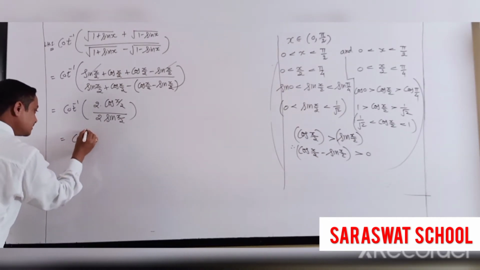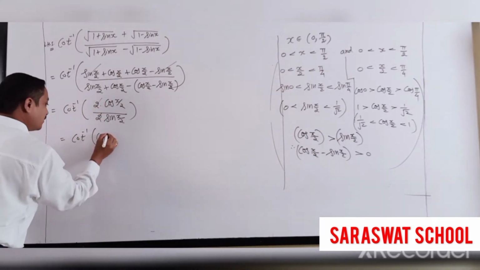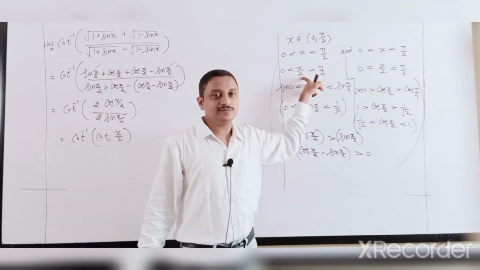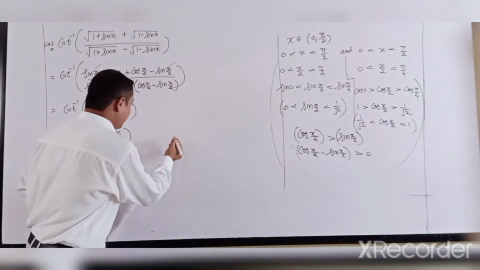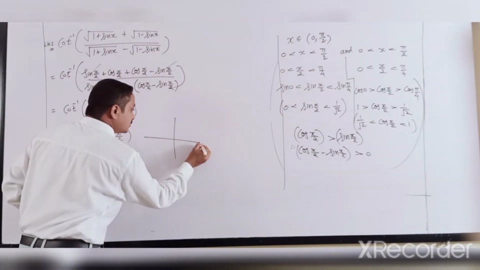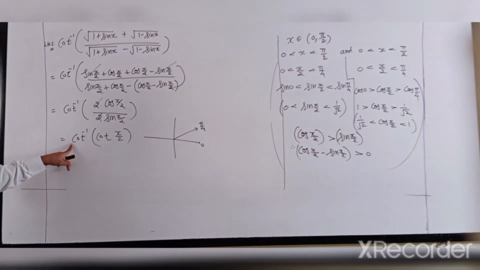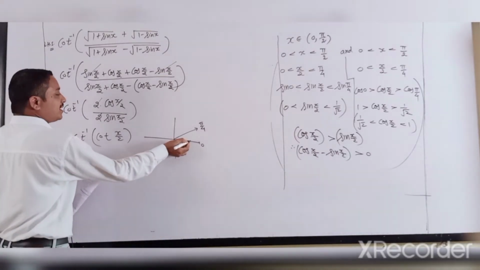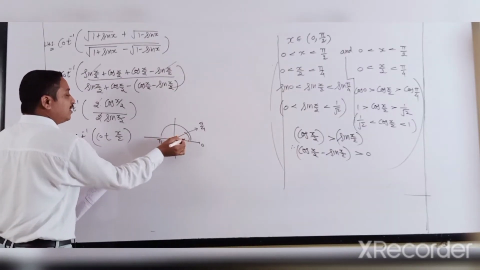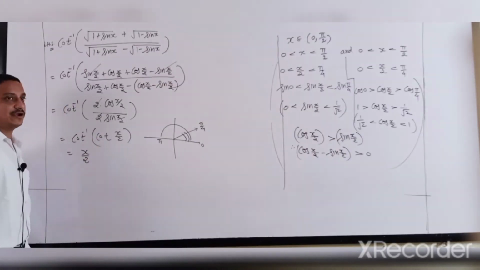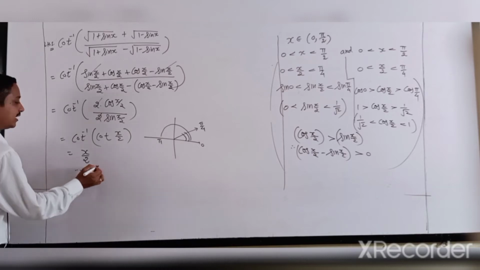And what do you get? Yes, it is cot x by 2. And already you checked what is the x by 2 range? 0 to 45. It means here 0 to 45. What is the range of cot inverse? 0 to pi. Definitely it belongs to the range. So here done x by 2, and here over, that is our RHS.